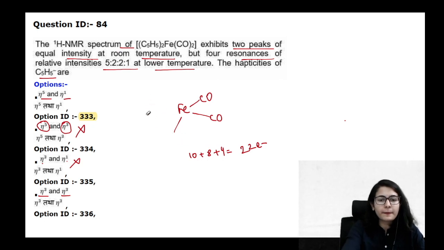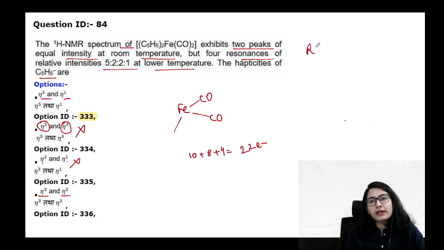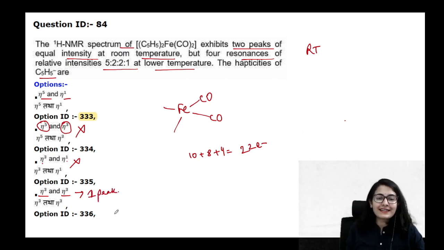Yes, let's see what is given over here. It exhibits two peaks of equal intensity at room temperature. So at room temperature, if I am having eta 3 and eta 3, both of them will give me one peak, because both of the rings are the same.